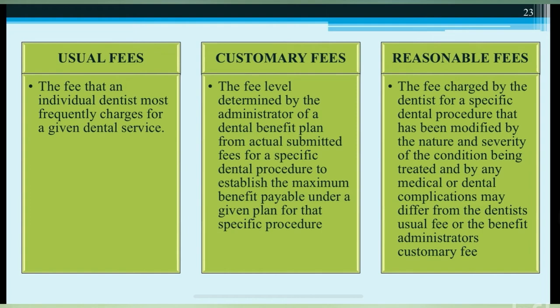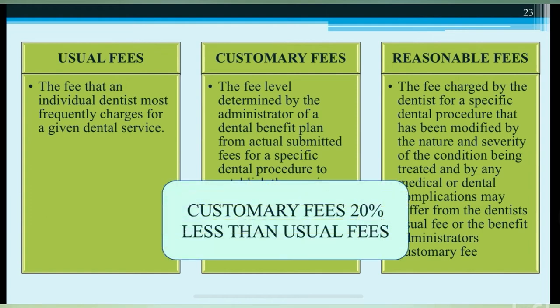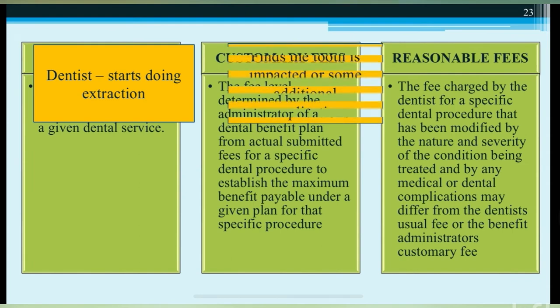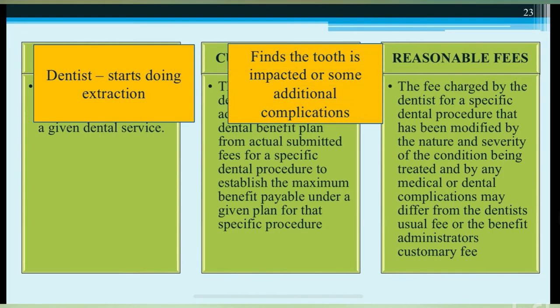The third one is reasonable fees. Customary fees, as I have already told, is 20% less than the usual fees in the example I told previously. Coming to the next, that is reasonable fees. Say, for example, a dentist starts doing an extraction and finds that the tooth is impacted or some additional complications are there.